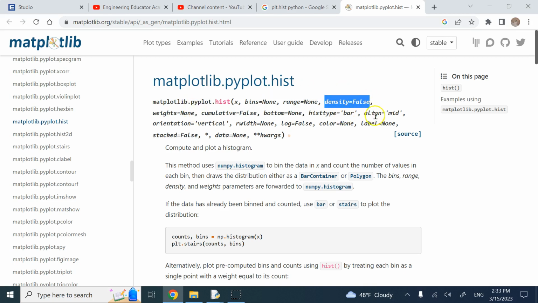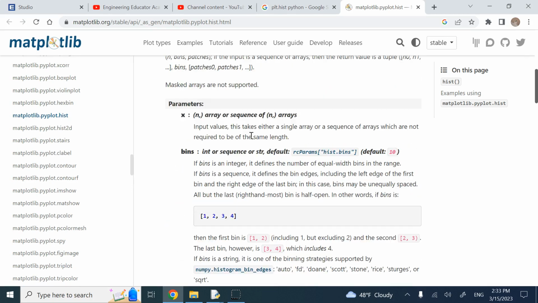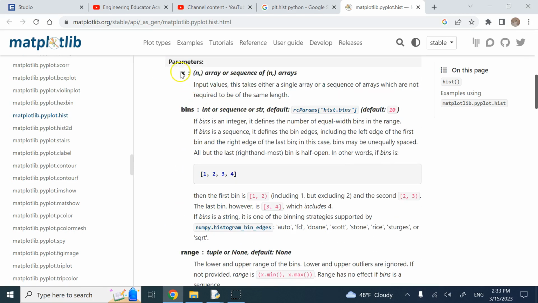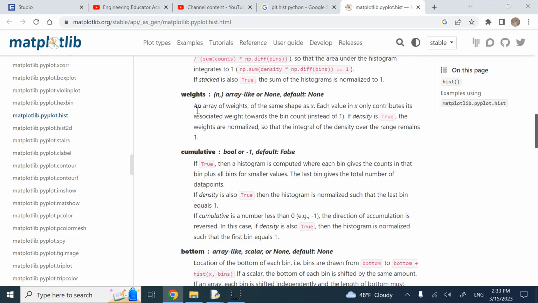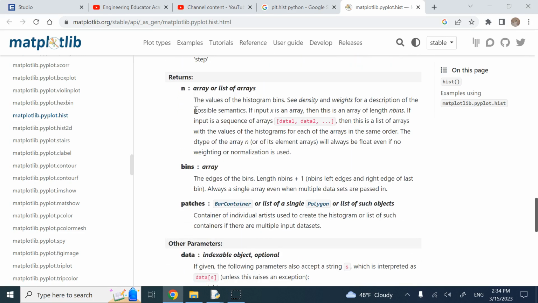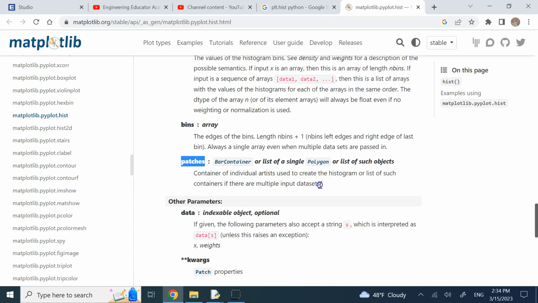So you can provide a lot of data, and then the returns for this is the counts, the bins, and then this is called the patches, which is basically we don't need it, and this is for when you have multiple inputs of data and we don't have that.